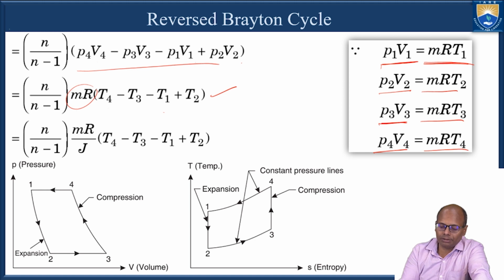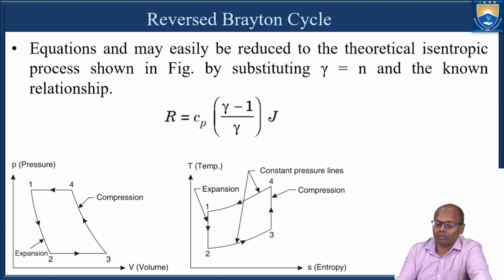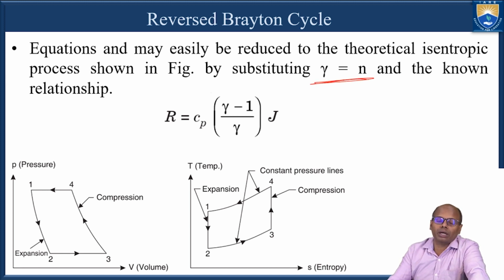Okay, and now, if I want to see the isentropic one, the polytropic process becomes an isentropic process if the process is PV^n equal to constant.